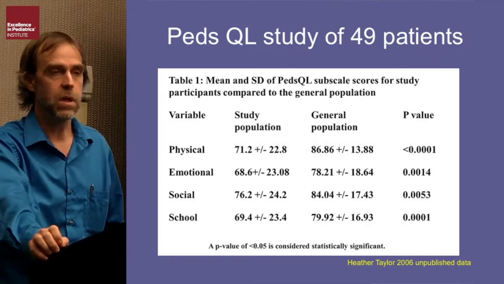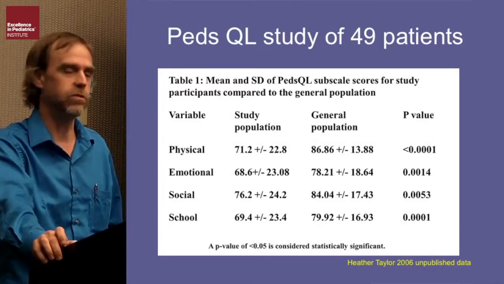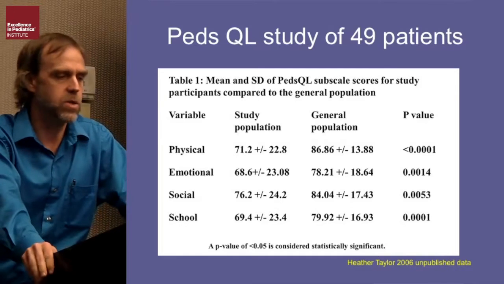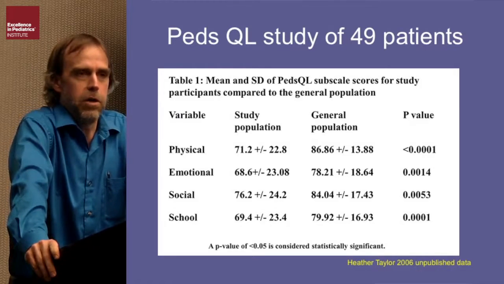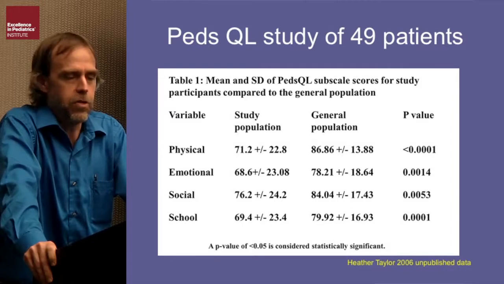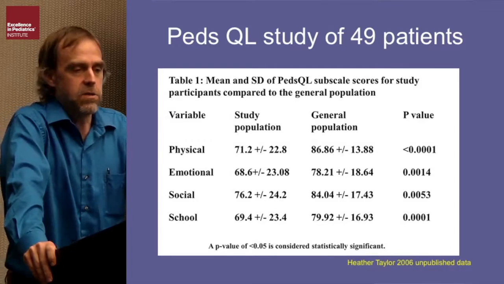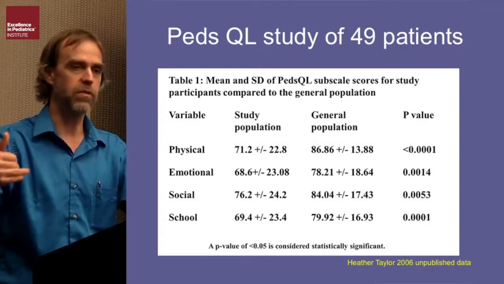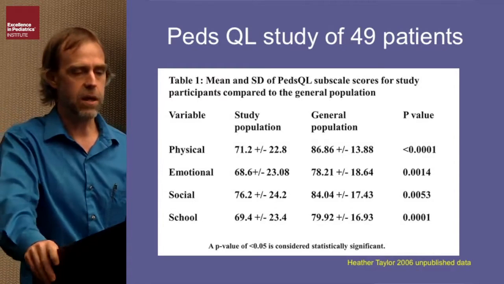So a few years ago, we got curious, well, how big of a deal is this for children? So a graduate student was recruited, and we had her interview children and their families, and used the PedsQL, which is a health-related quality of life scale.